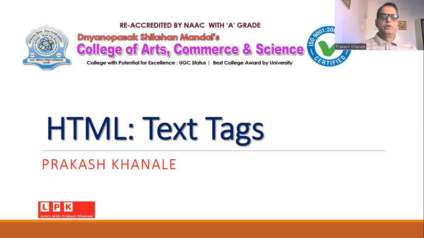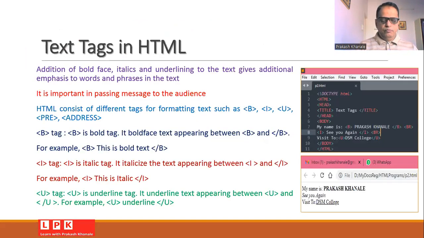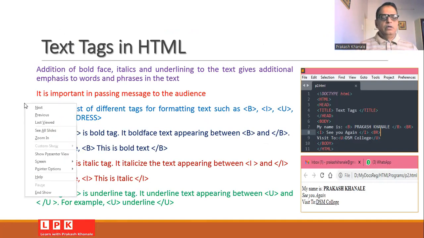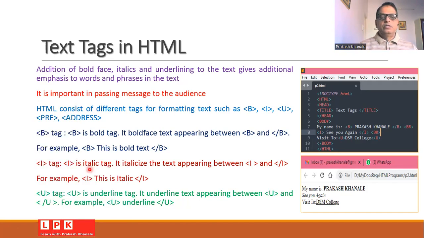So let us start the session with the question, what do we mean by text tags in HTML or in hypertext markup language. Whenever we have been given some text and we want to display the text on the web page, it is necessary that we should decorate the text. That is, we should give some additional emphasis to the words or messages that are being used in the text.